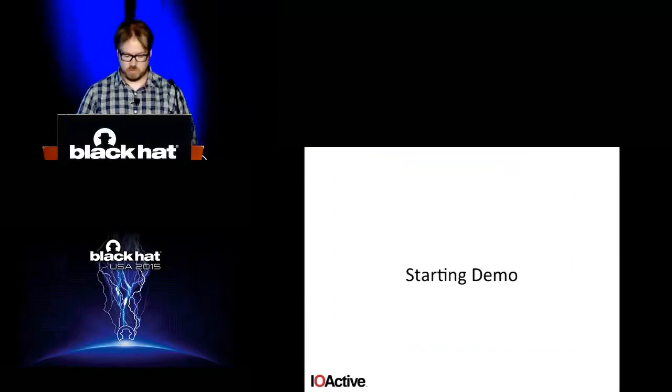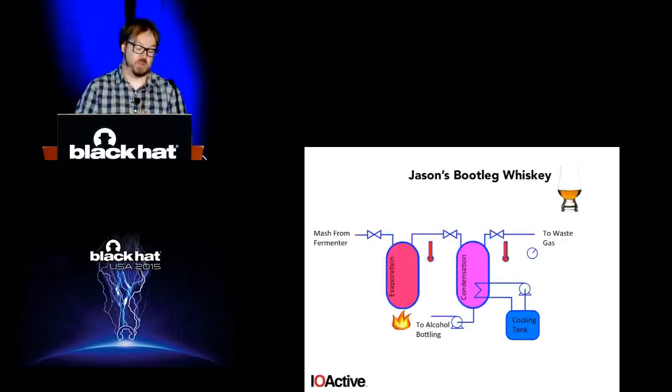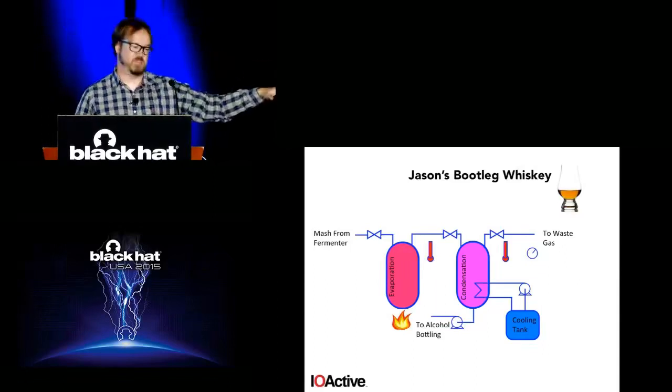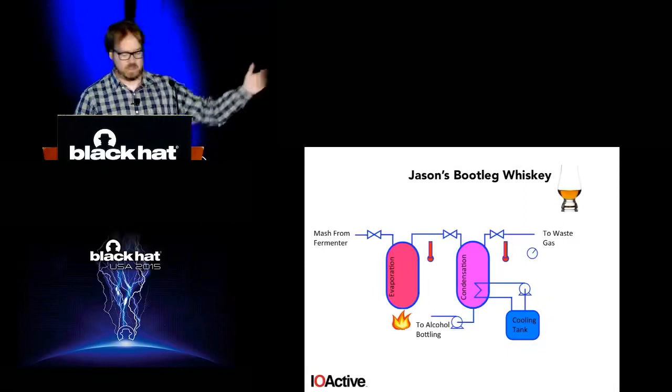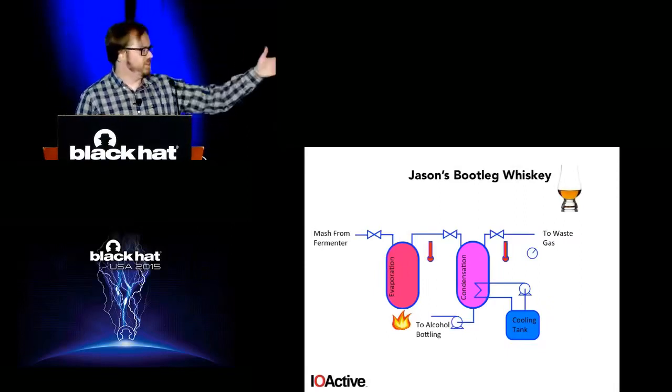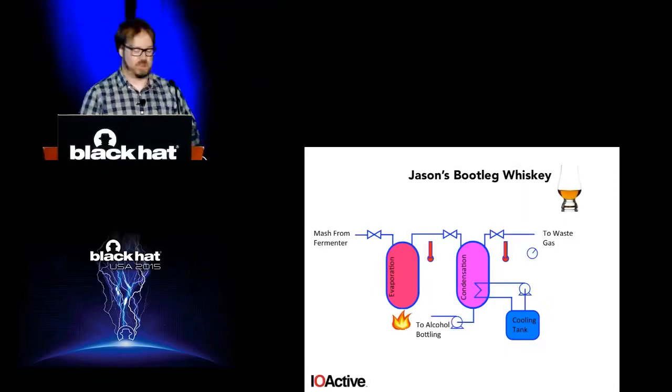So this was going to be my demo, and we'll just switch over and do this one as a video. This is actually something most geeks can understand, which is a bootleg whiskey. We have a hot tank. That's where you put all your mash, where you fermented all your alcohol. You heat it up with a control loop and get it all nice and hot, and then you transfer the alcohol vapors over into the second tank, and then you cool that tank down, and you start condensing it.